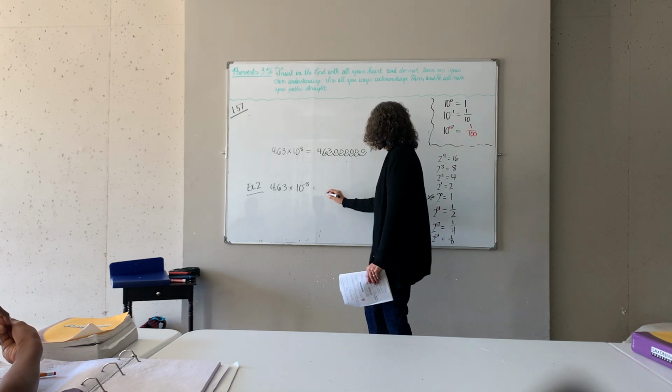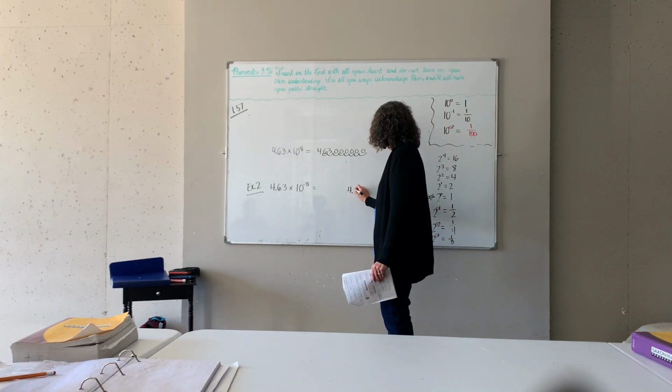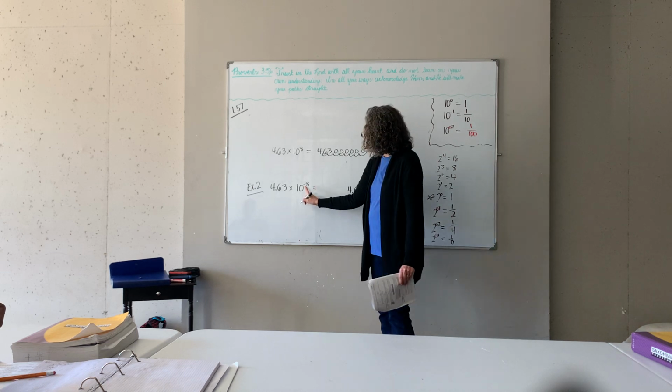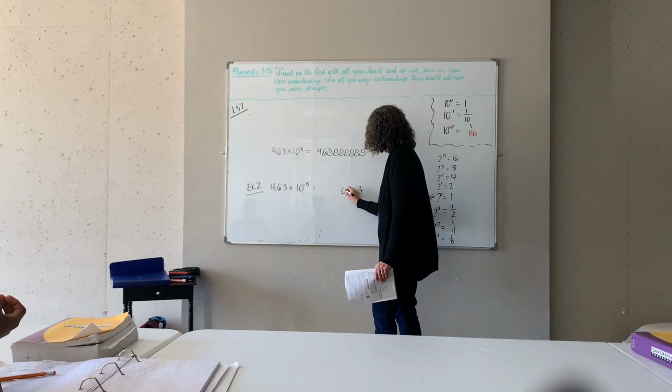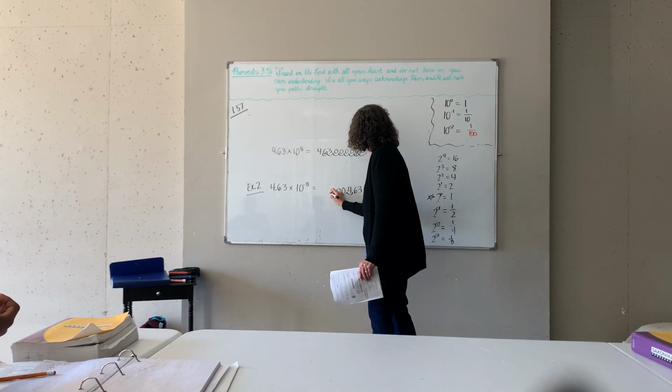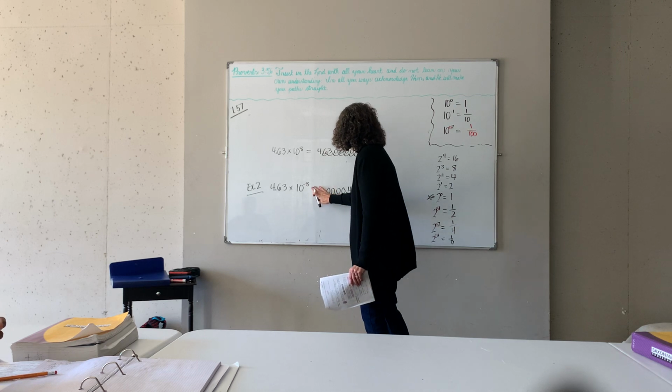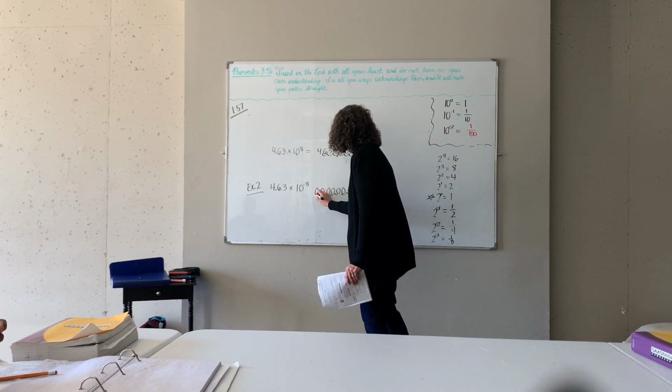So I'm going to come way over here and write the 4.63. But I've got to move it 8 places to the left. So I'm going to go 1, then I have to add a 0, 2, 3, 4, 5. I still don't have enough room. 6, 7, 8.